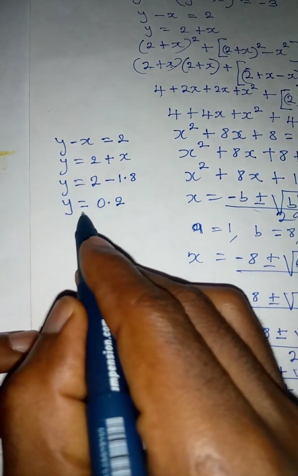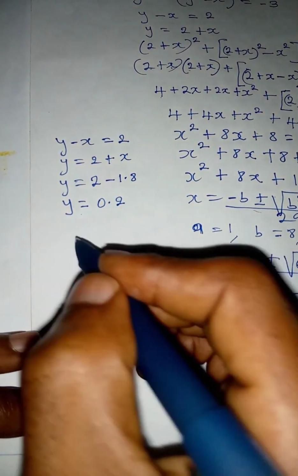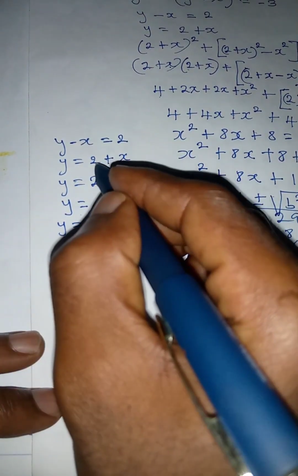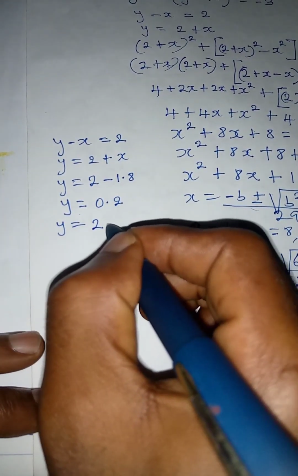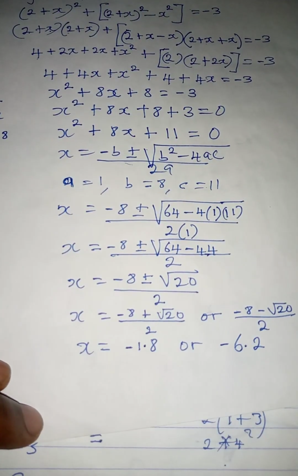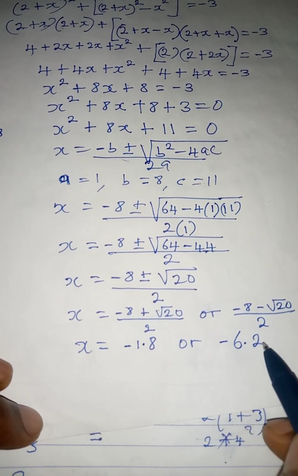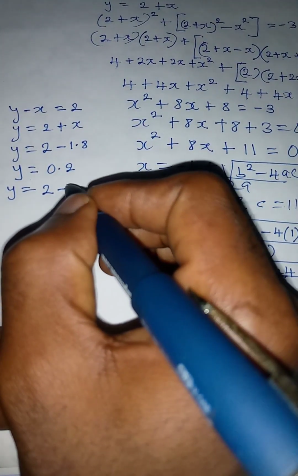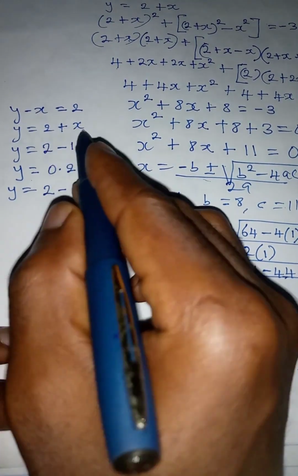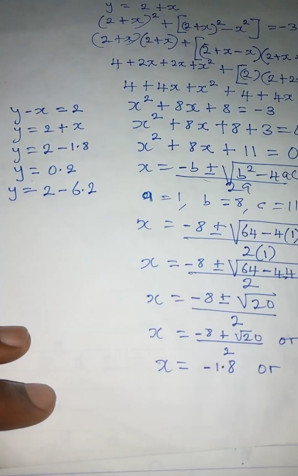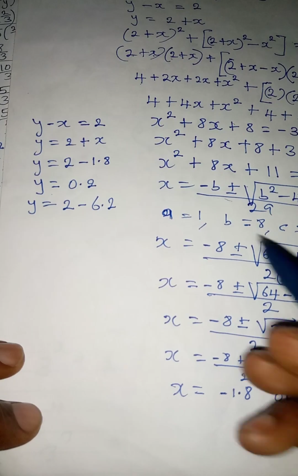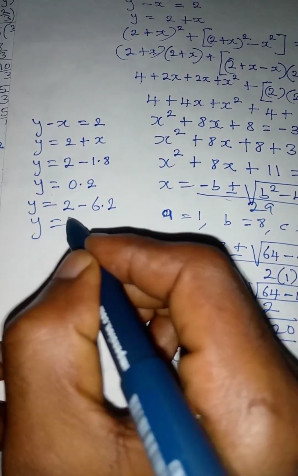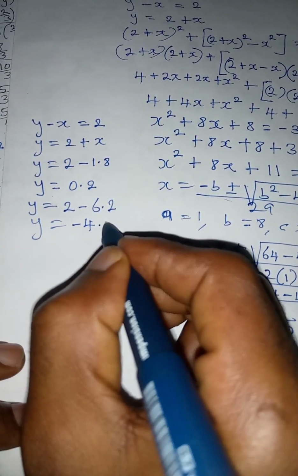And this means that one of the values of y is equal to 0.2. Then the second value of y will be equal to 2 minus 6.2, since the second value of x is minus 6.2. So the value of y now will be equal to minus 4.2.